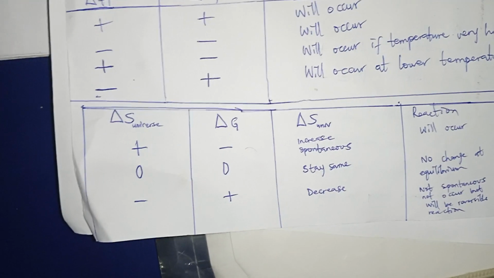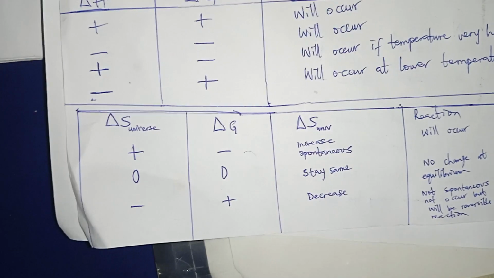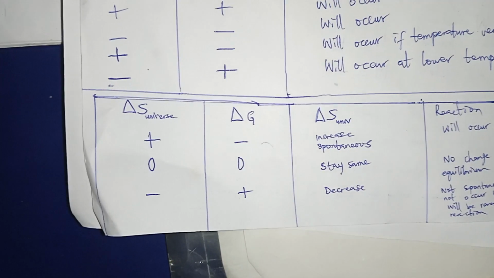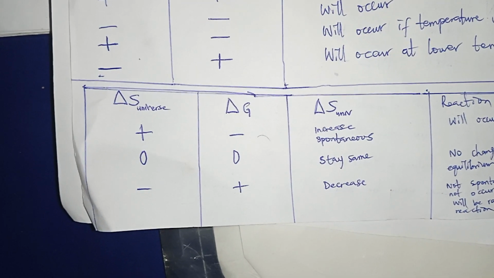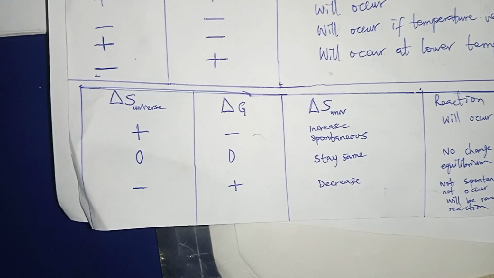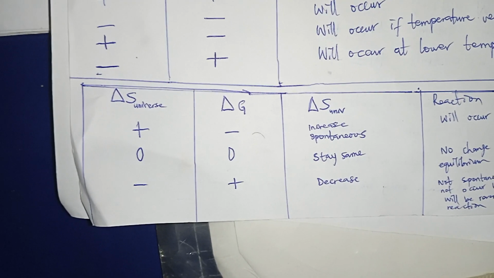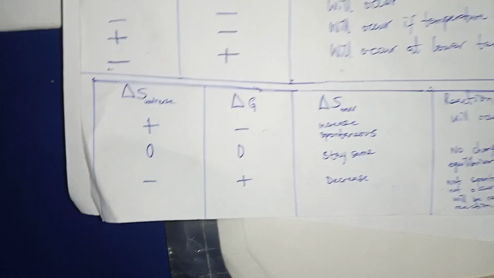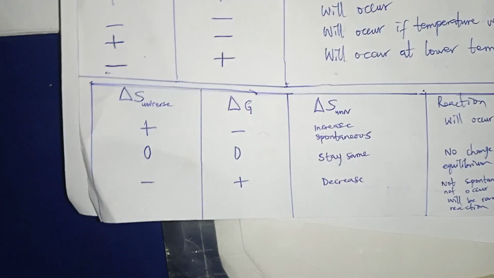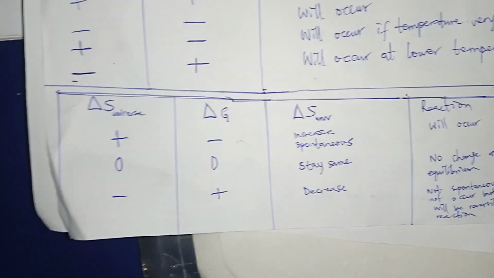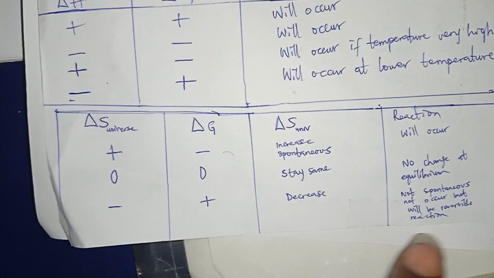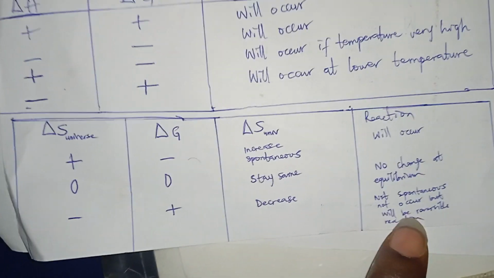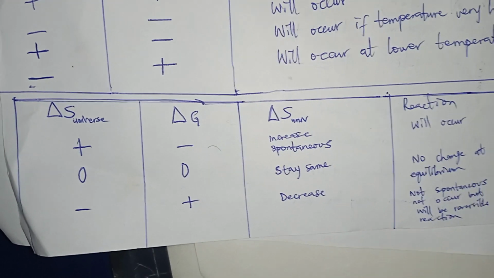Remember we told you that entropy tends not to decrease, so anytime you see a negative value for entropy, it means it's decreasing, which is not normal, because entropy is supposed to be on the increase or at equilibrium. A positive value means that the entropy of the system is increasing. So when it's negative and this is positive, it means a decrease, not spontaneous, will not occur, it will be a reversible reaction.